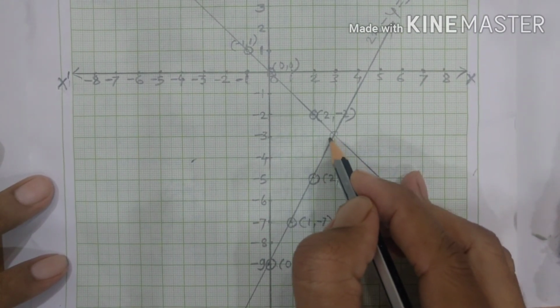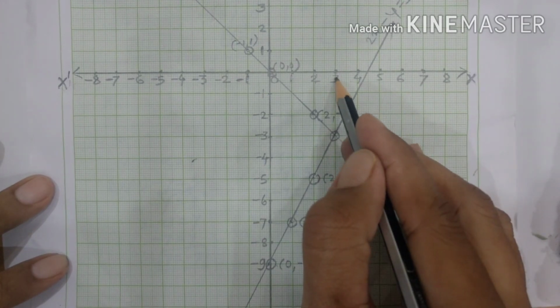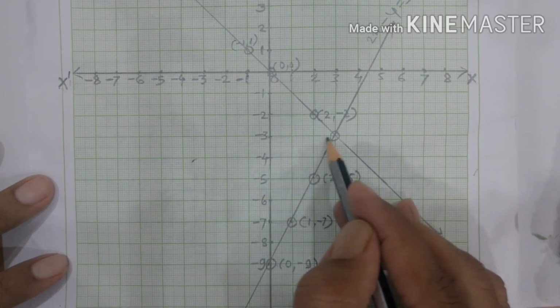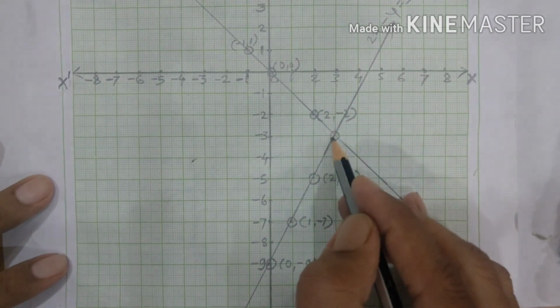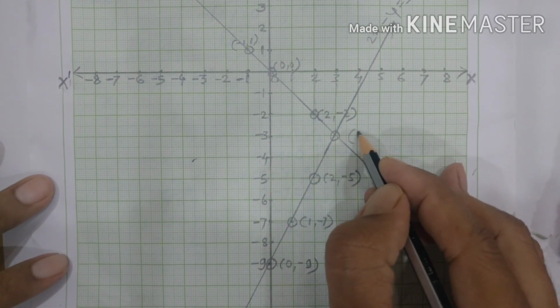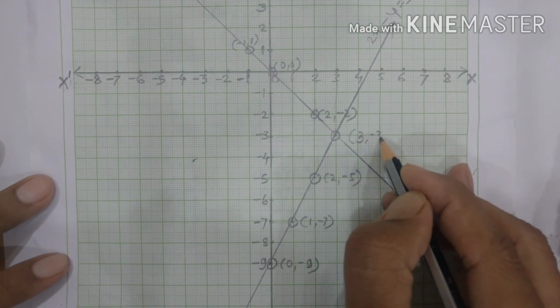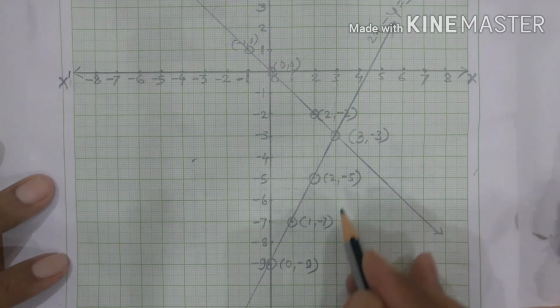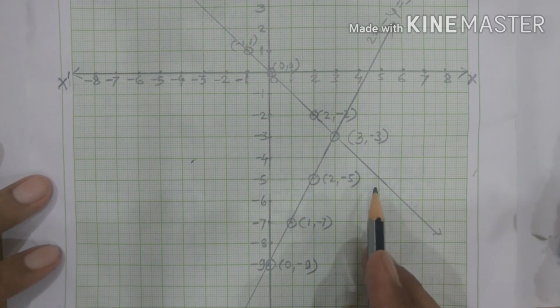That is the point of intersection. Here is the x coordinate and here is the y coordinate. Therefore 3, minus 3 is the solution of the given simultaneous equations.